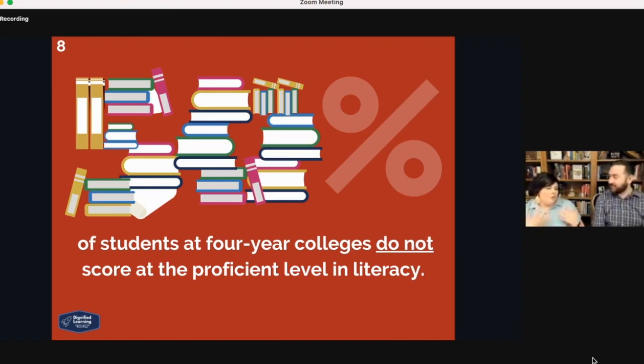I taught older students, I taught high school, and it amazed me. I worked with juniors and seniors most commonly, and the amount of students who were 18 years old, who were extremely intelligent, who were headed out the door to a four-year college, I knew because of my background in literacy that even they had some really significant deficits when it comes to literacy.